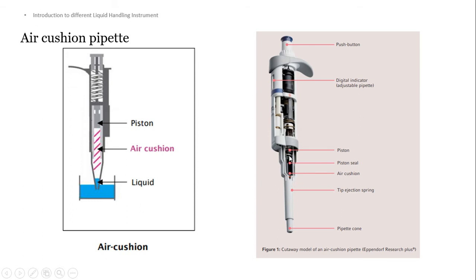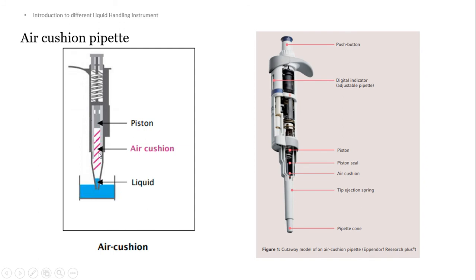Upward movement of the piston produces a partial vacuum in the tip, causing the liquid to be drawn into the tip. The air cushion moved by the piston acts like an elastic spring from which the volume of liquid in the tip is suspended. If you observe these figures, you can see that the piston has no direct contact with the liquid.